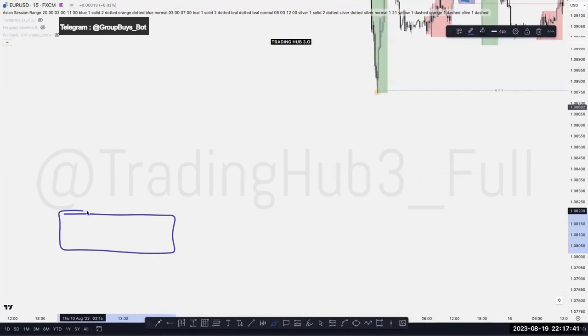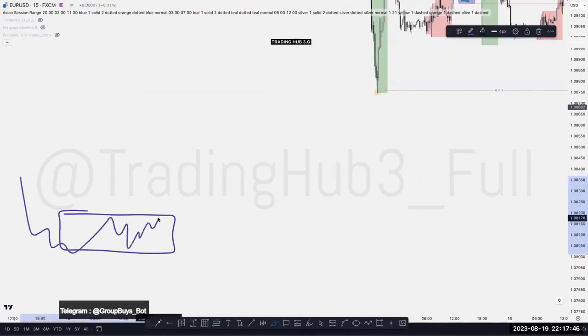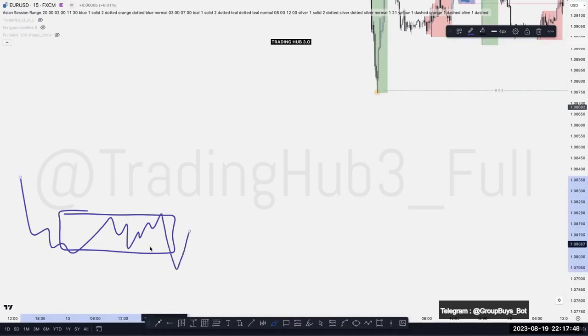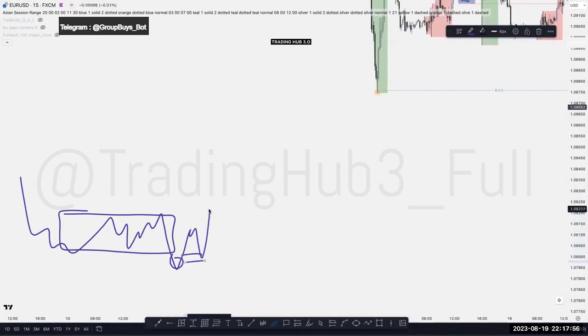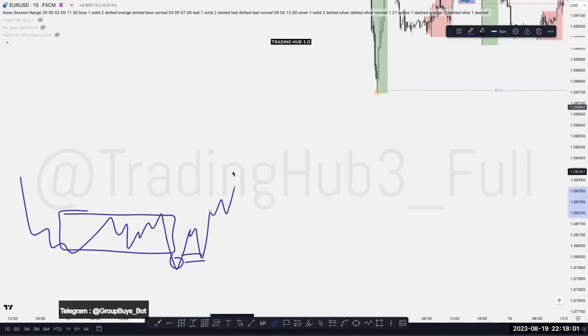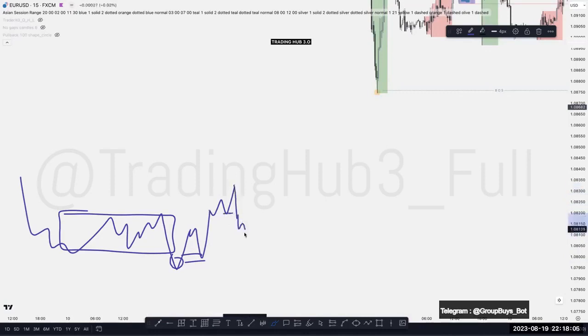This is our Asia session. If the market comes back to this point and sweeps this one, then what happens here? You have to buy here, okay, and then we can buy here, and the market went up. If it closes above it and everything is fine here, and then the London session opens here, then you have to buy after taking out the inducement and continue higher.